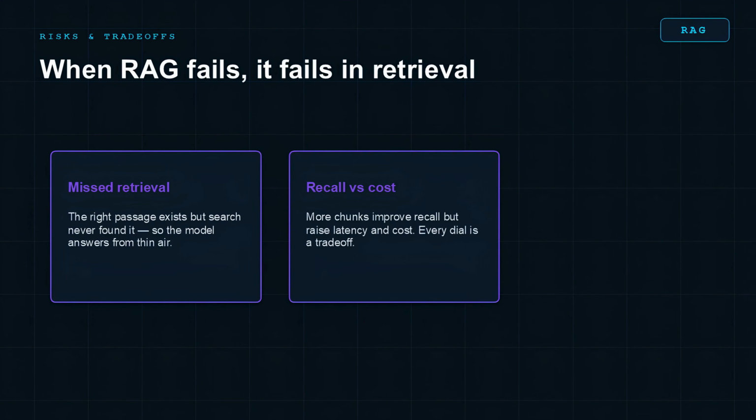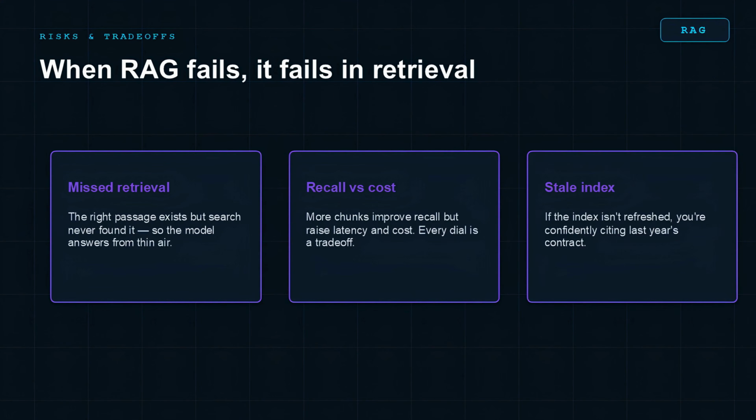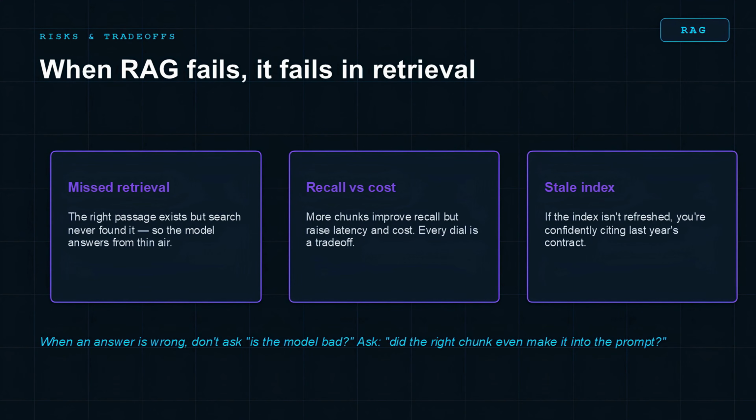More chunks improve recall, but raise cost and latency. And stale data. If your index isn't refreshed, you're confidently citing last year's contract. When a RAG answer is wrong, your first question shouldn't be, is the model bad? It's, did the right chunk even make it into the prompt?